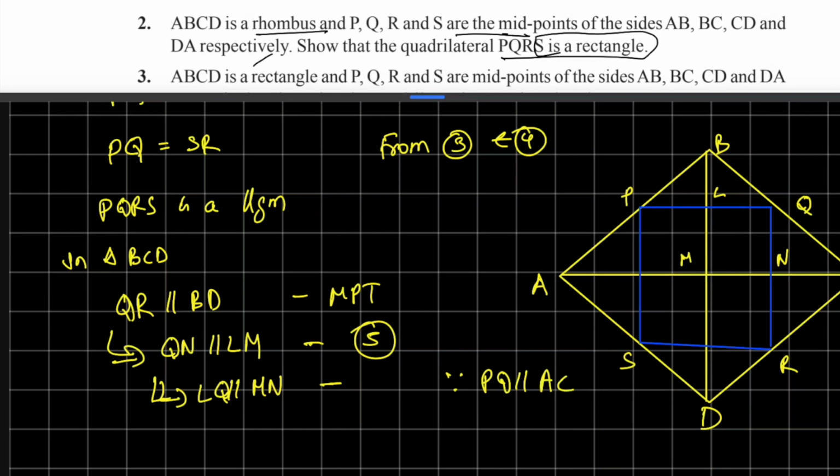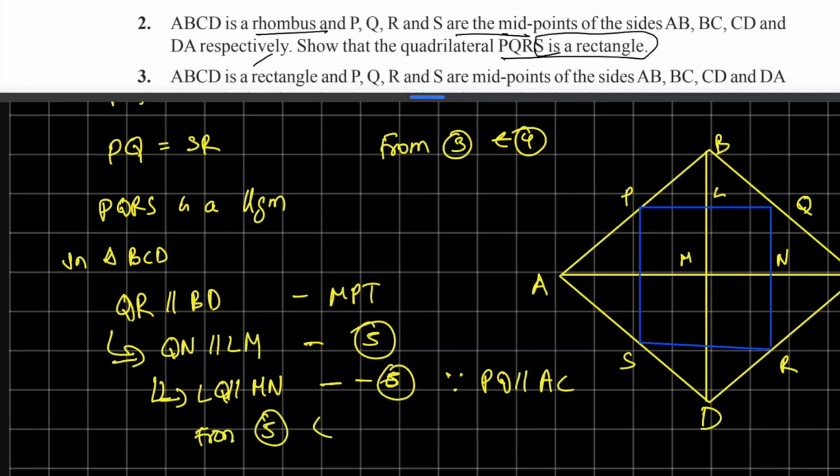If QR is parallel to BD, then we can also say that QN is parallel to LM. We have previously proved that PQ is parallel to AC, so its half is also parallel. By saying this, we can name it as fifth.